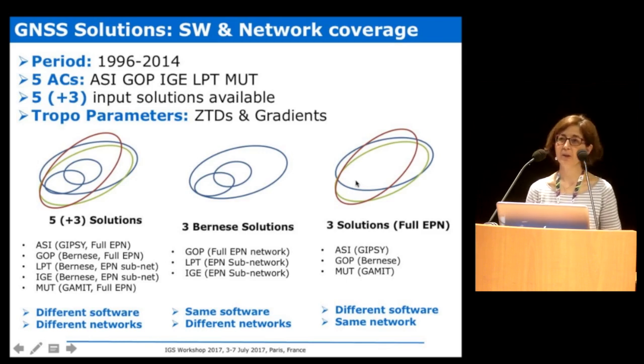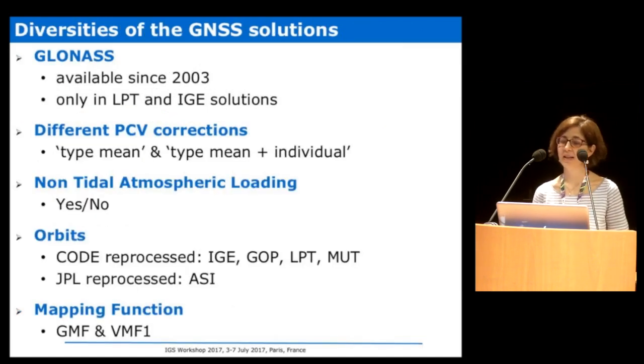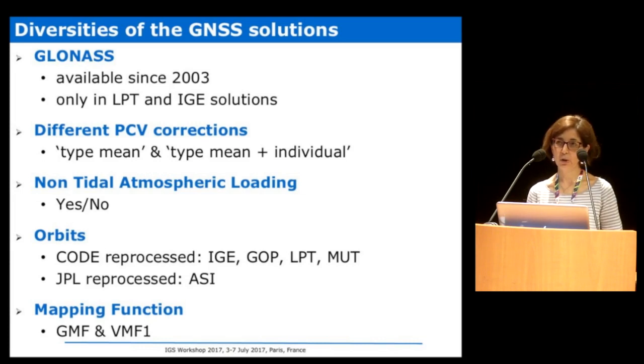But despite the different software used and the different analyzed networks, there was also some diversity in the GNSS solutions provided by the analysis centers, the impact of which needs to be evaluated prior to performing the combination. Two analysis centers provided solutions with GLONASS data, while all the others provided solutions with GPS only.